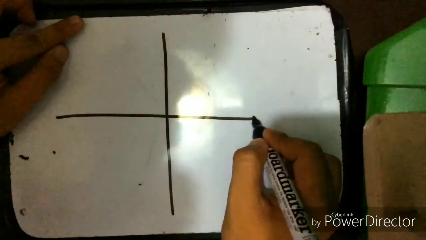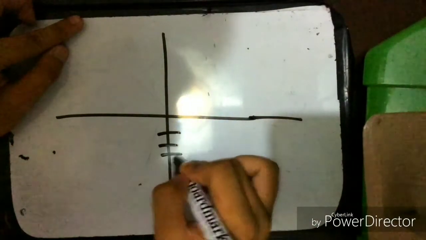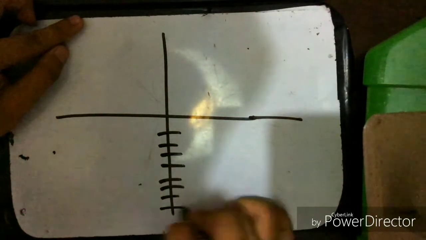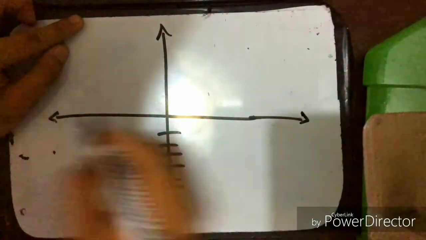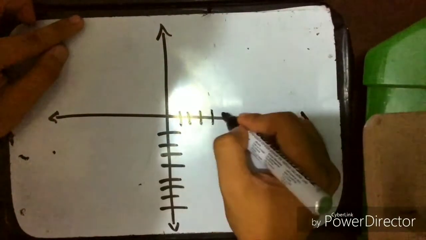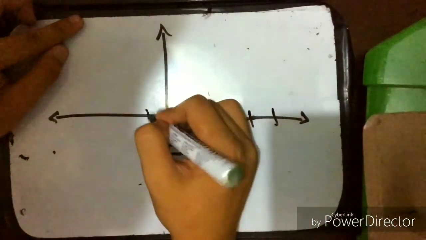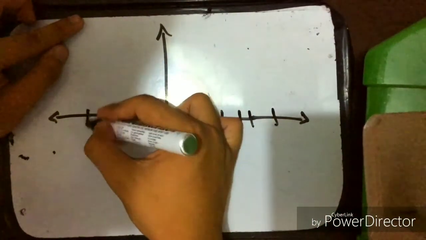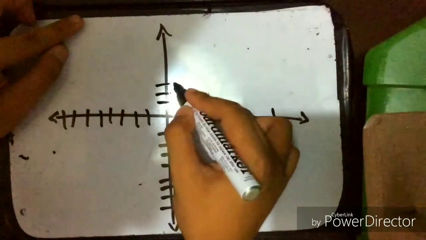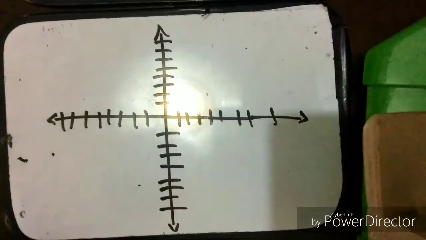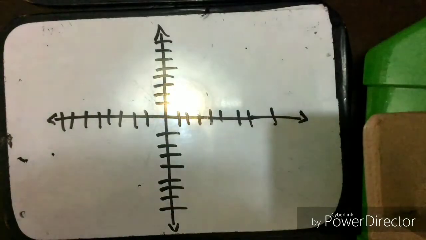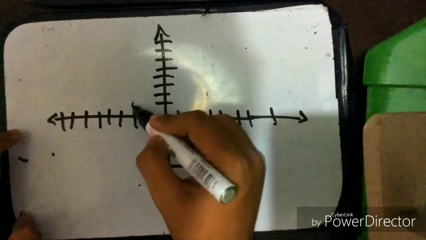So now we will draw the Cartesian plane. Your center is at H and K, so your center is negative 2 and 1.